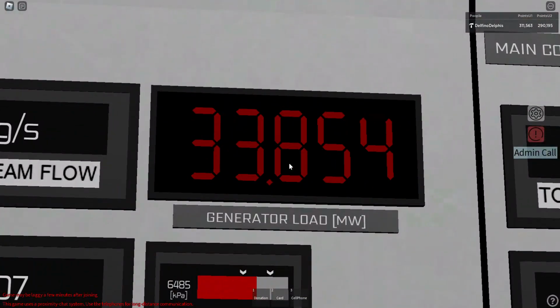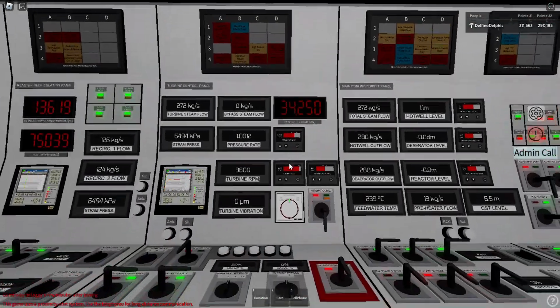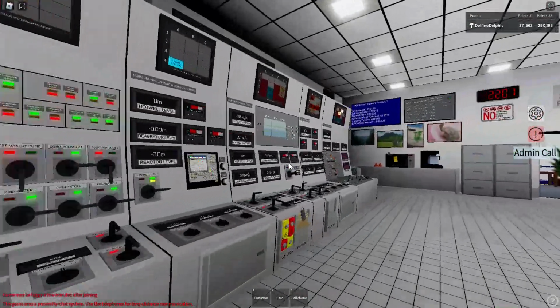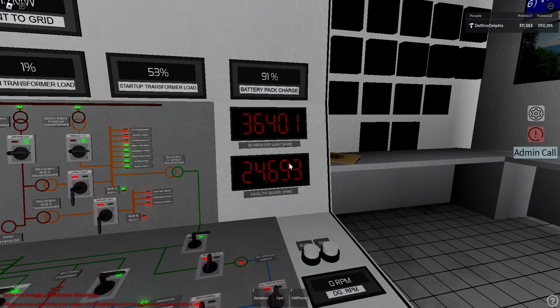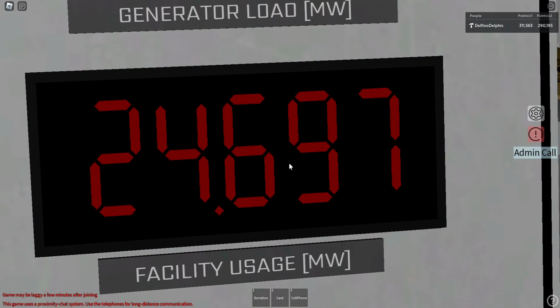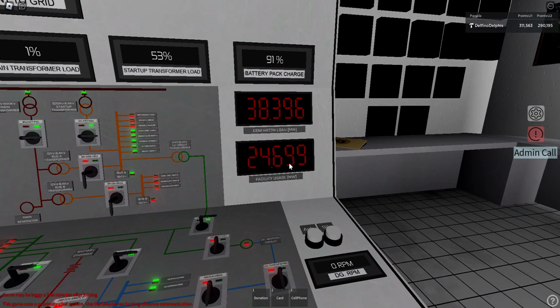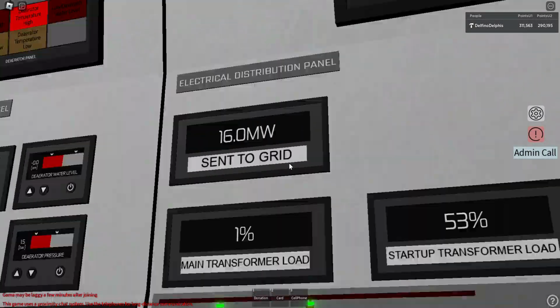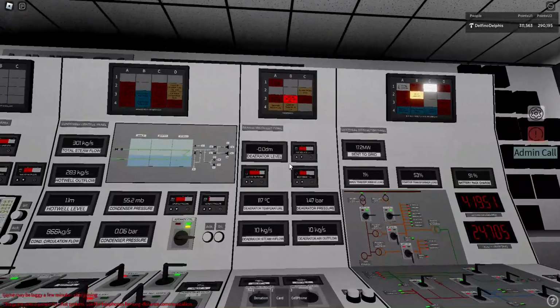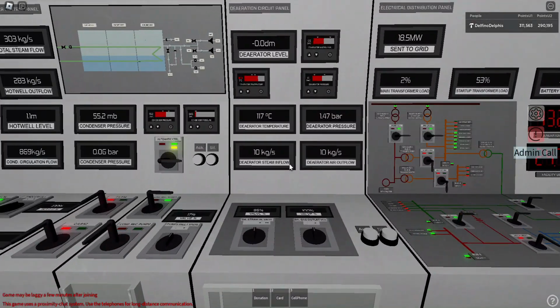This is what I'm producing, 33 megawatts, and our plant is using, oh no, sorry, 24. So the difference is sent to the network. This is what I'm sending to the network now. And again, rising power causes this to shout at me. So I want to probably stay below 108.